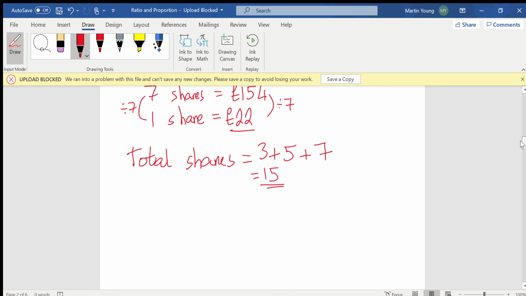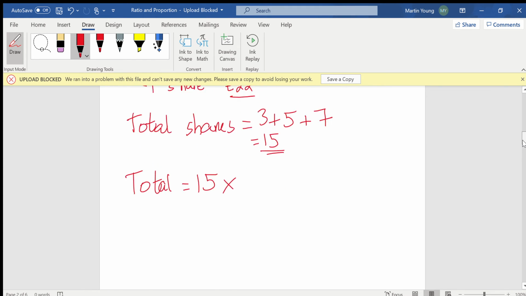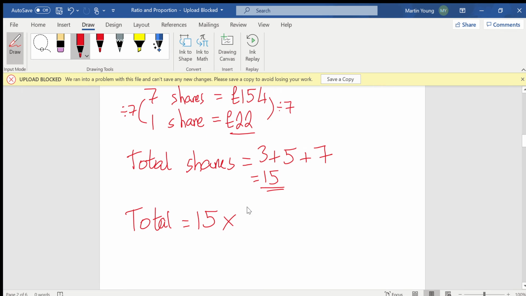So now I'm just going to work out the total money given by taking my number of shares, which we worked out to be 15, and times it by the price per share, which we worked out was £22. Nice and easy, 15 times 22. Don't need to worry about doing working, it's on the calculator, that's all we need to write.